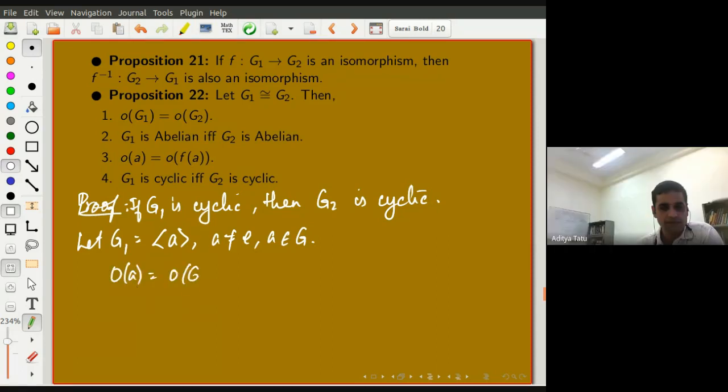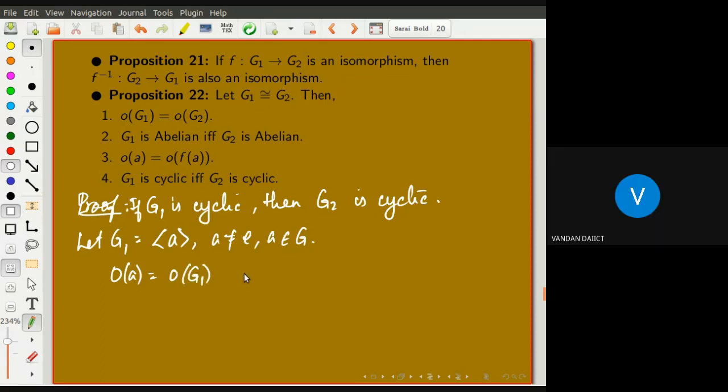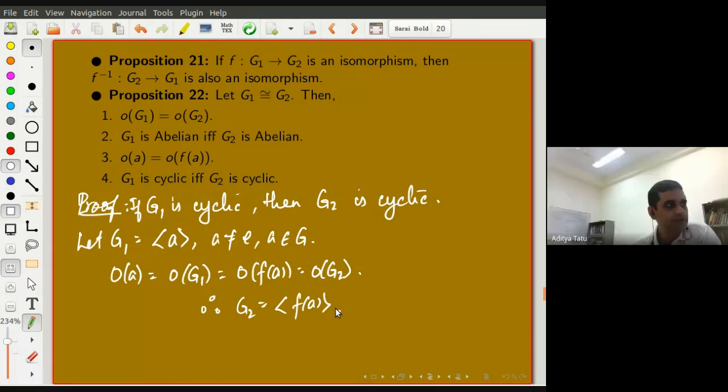Right. And order of F of A is also equal to order of G1, and G2. Okay. Therefore, since all F of A are generators of G2. Right.